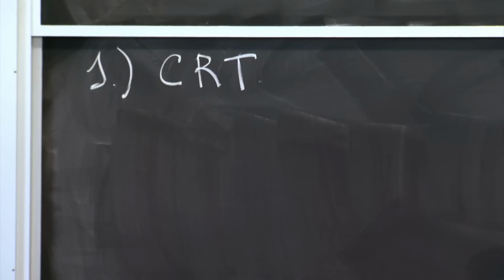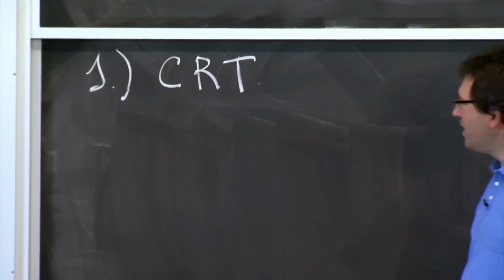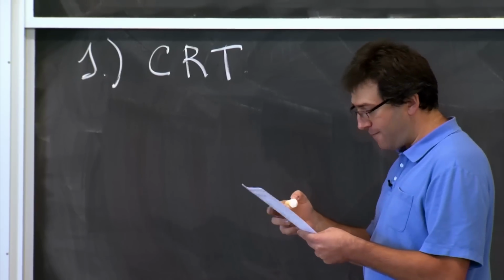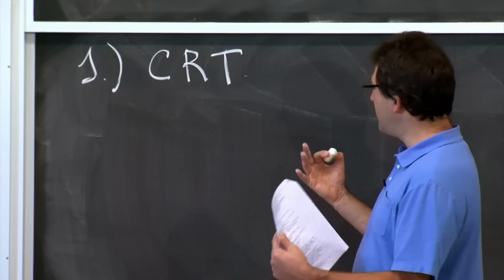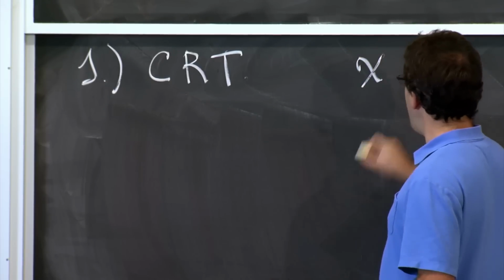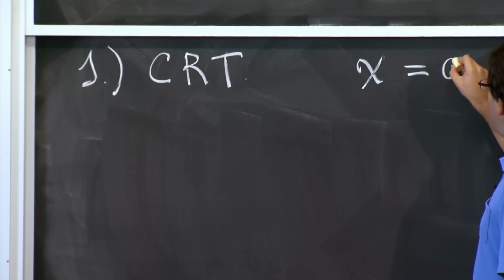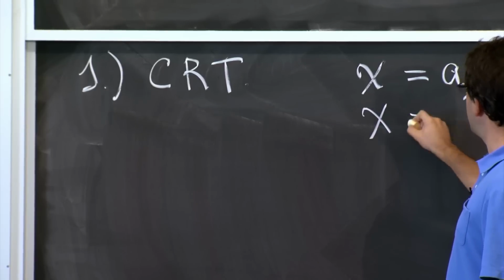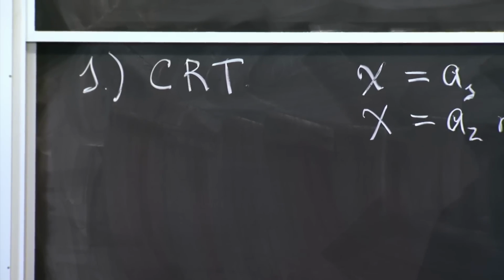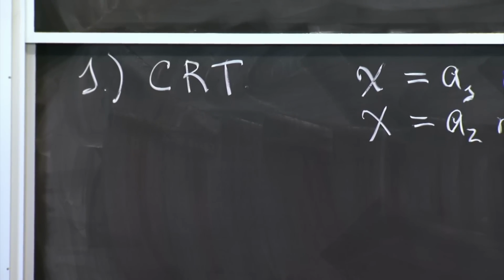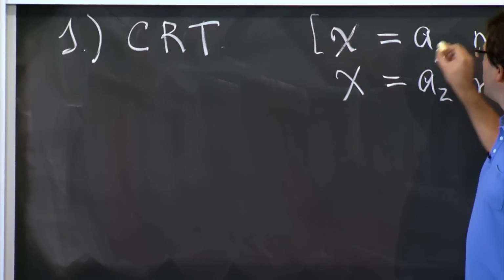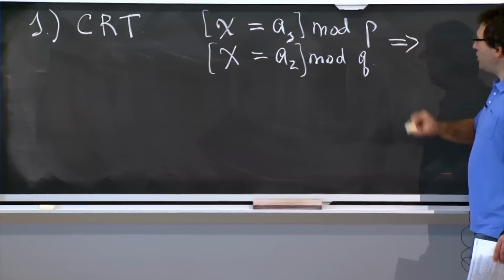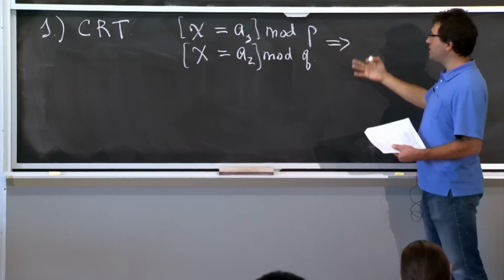And just to remind you from like grade school or high school maybe, what this theorem says is that if you have some value x, and you know that x is equal to a1 mod p, and you know that x is equal to a2 mod q, where p and q are prime numbers, then it turns out that there's a unique solution to this mod pq.